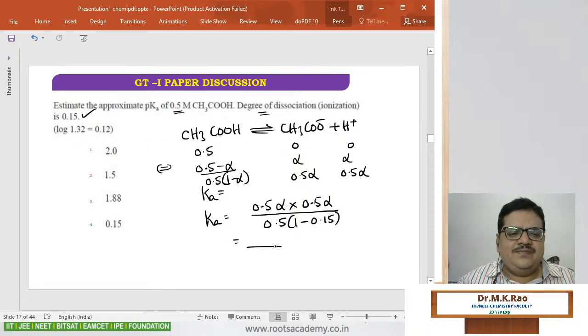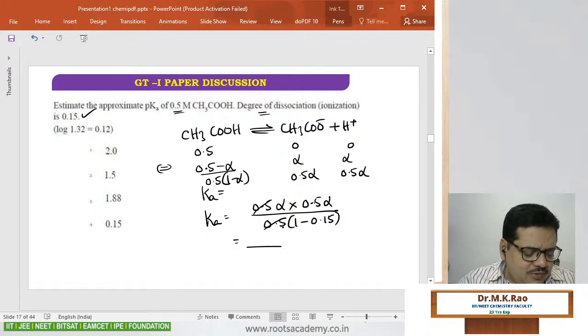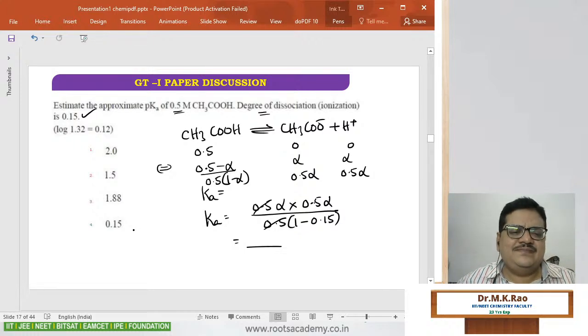You simplify and substitute, and upon some simplification, finally, question number 133, we are getting 1.88.